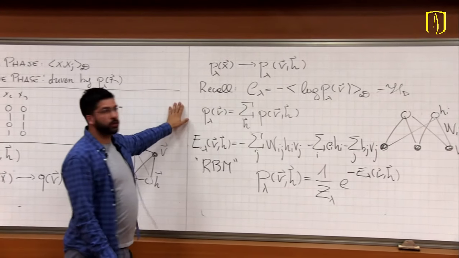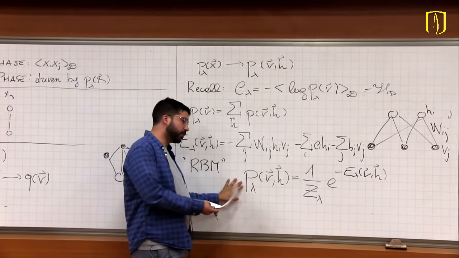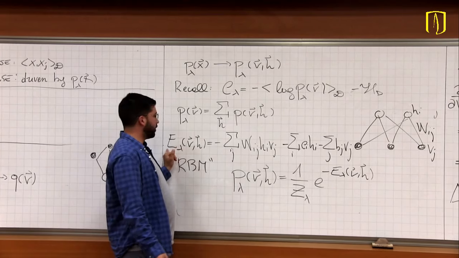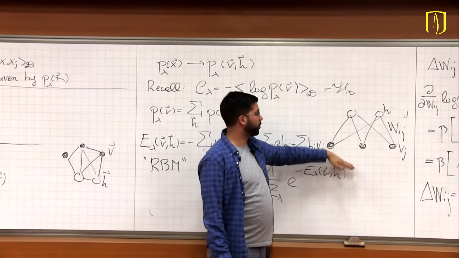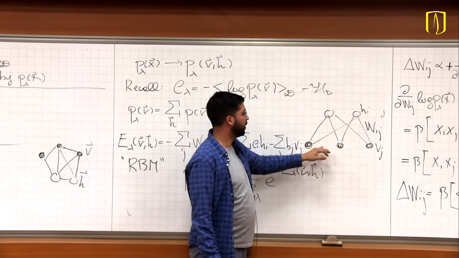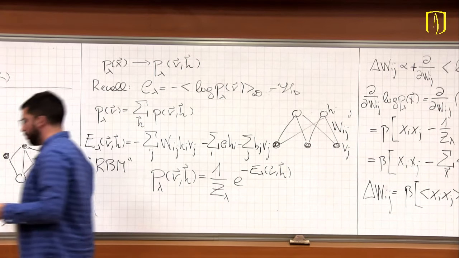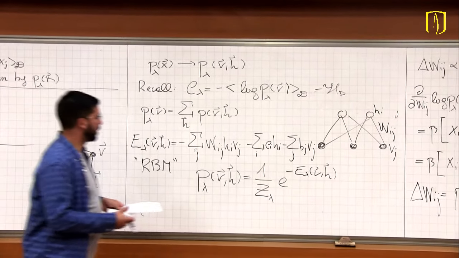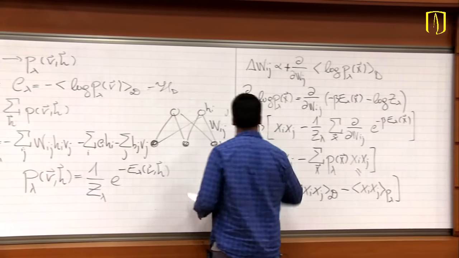Okay, so if you compare with the previous one, essentially the only thing that changed, you still have a Boltzmann distribution, and now you have an additional set of variables, and you're looking at the interaction between these two layers only. So no intra-layer interaction. And it's going to be clear in a minute why we do that.